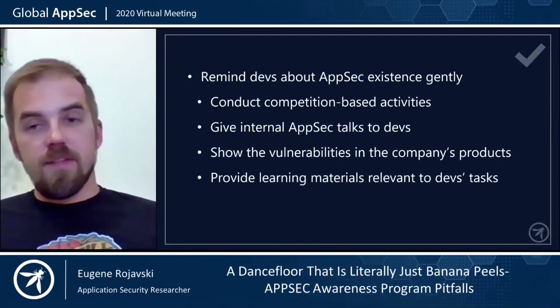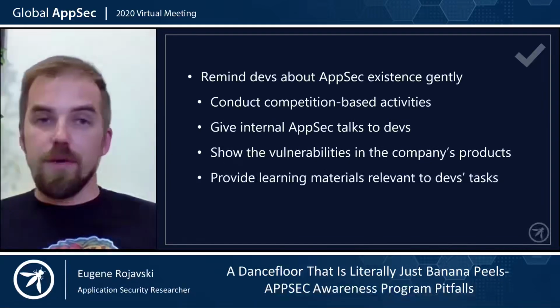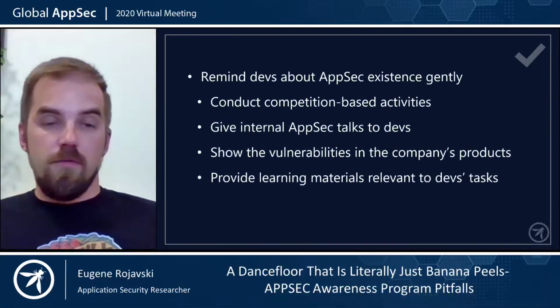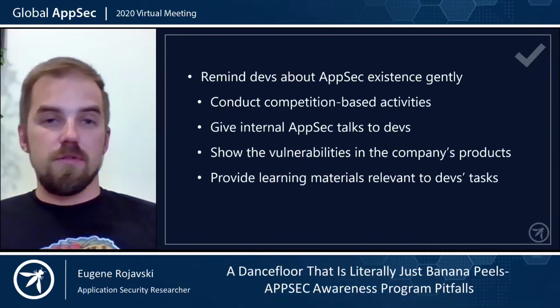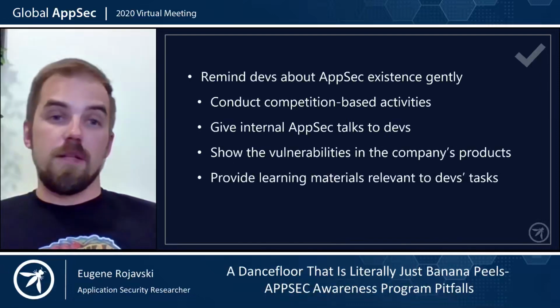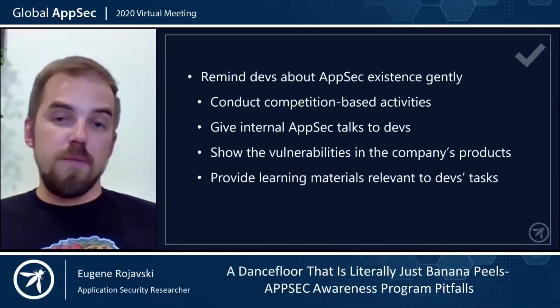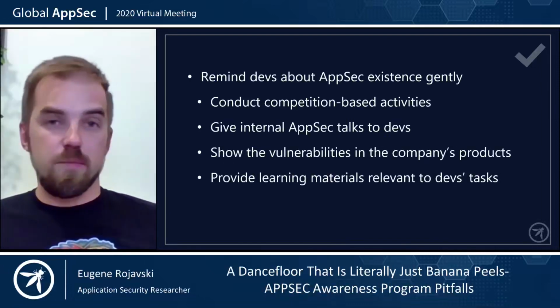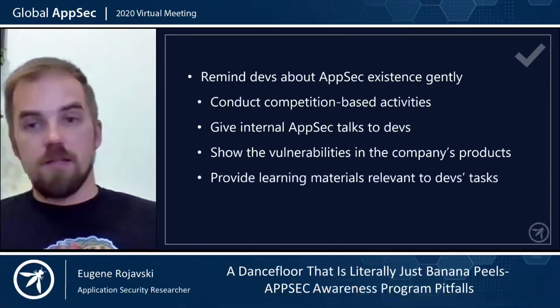Then you can give them relevant material on how to avoid user enumeration for login and password restoration functionality, and you can give some advice on storing passwords. So be relevant, and developers will come to you next asking for guidance.